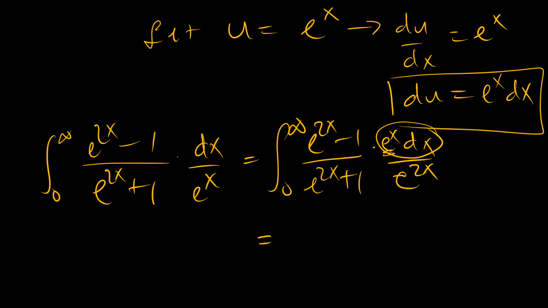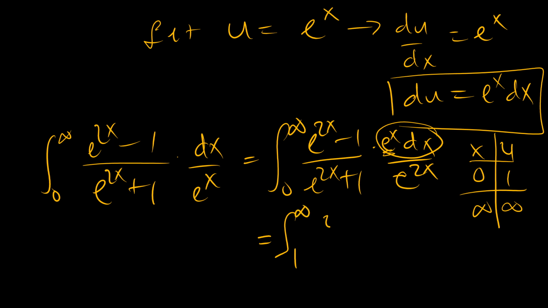One other important thing to note is that if we are moving from x to u, when x is 0, e to the 0 is 1, and as x tends to infinity, we still have the infinity upper limit. So we have now the integral from 1 to infinity of u squared minus 1 over u squared plus 1 du over u squared.